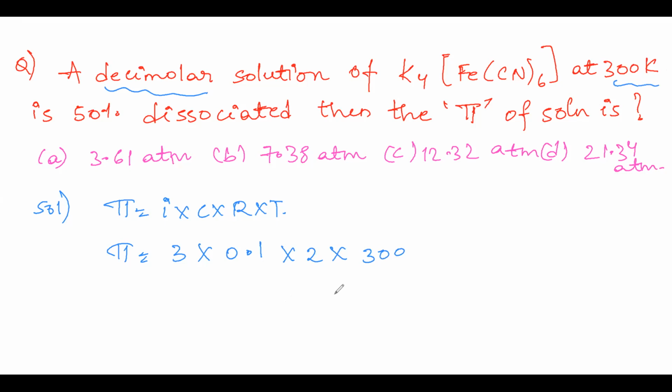Multiplying, 3 into 0.1 into 2 into 300 is equal to 180. Now R value is the gas constant. One second, let me check the R value.